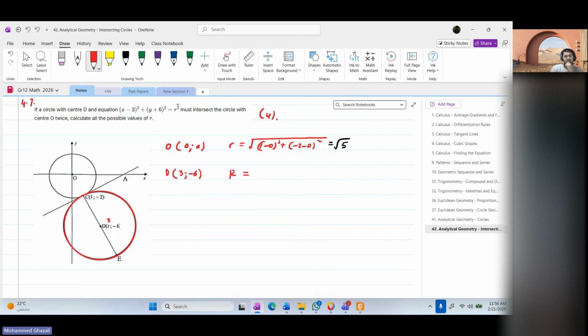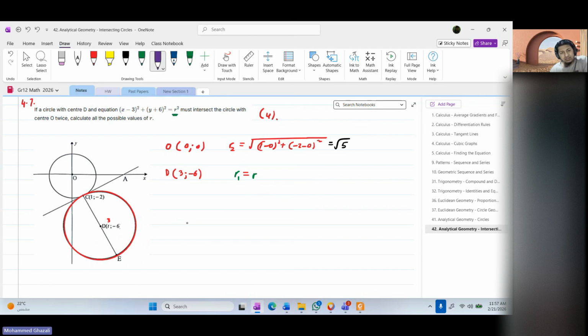This capital R is actually small r. So let me change it, call it R1, R2. This will be the smaller radius, and this will be the bigger radius. So let's call this R. R1 means the bigger radius, okay? So that's basically just R from here, okay?